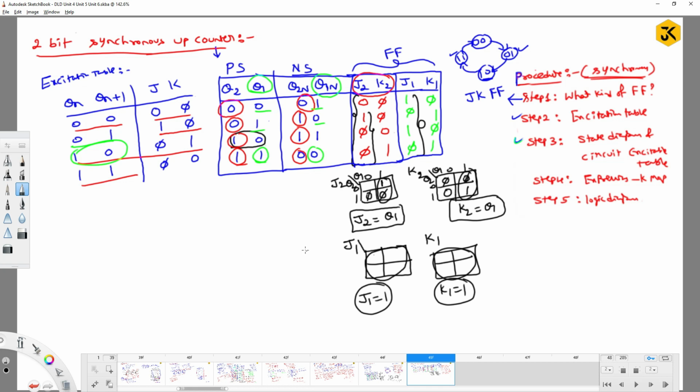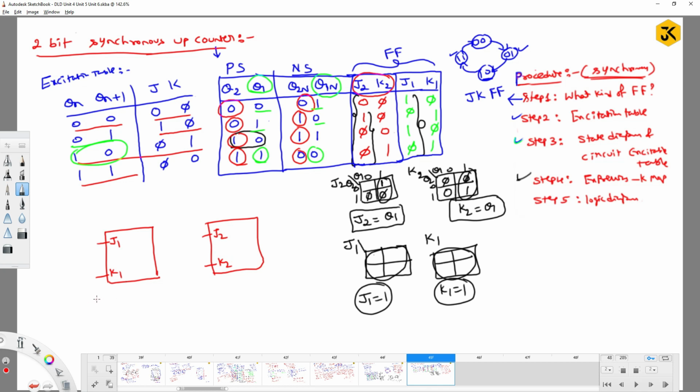Once you have the expressions, let us go to the logic diagram. Draw the first flip-flop with J1 and K1, and the second with J2 and K2.